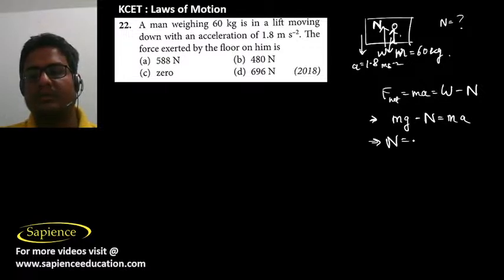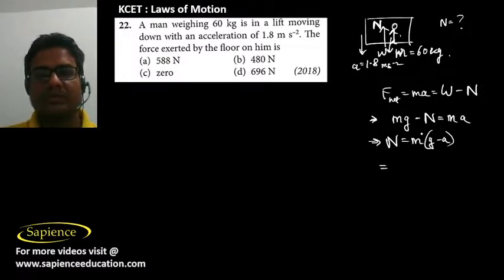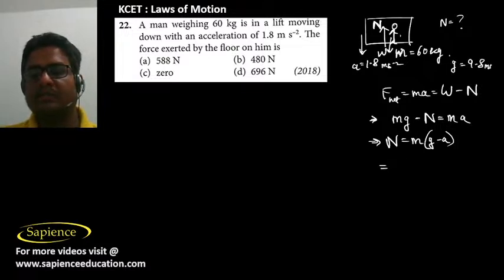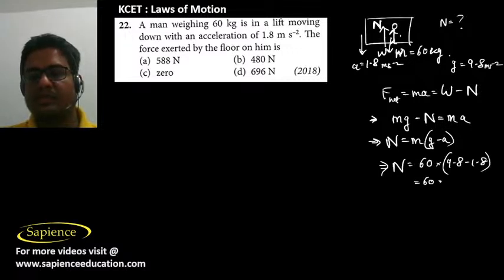So n will be equal to m into g minus a. g we can say is 9.8 meter per second square. So n will be equal to m, which is 60 kg, into 9.8 minus 1.8, which is 8. So 60 into 8 is 480 Newton.